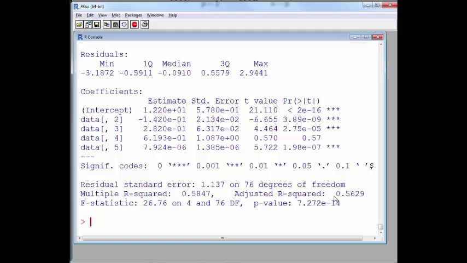Your p-value is very, very small, so quite likely at least one of these betas is not equal to 0. And if I look at these individual t-tests and their p-values, it looks like 4 of these values are pretty significant. That is, there is significant statistical evidence to indicate that these coefficients are in reality not 0.